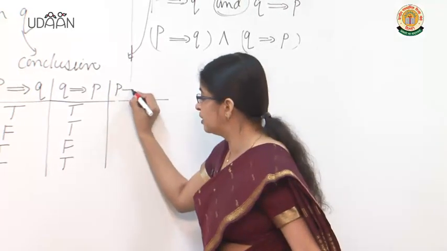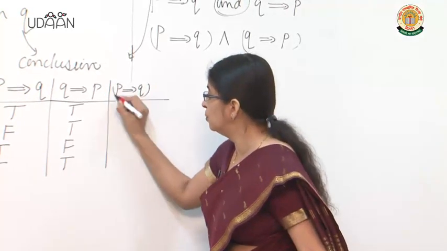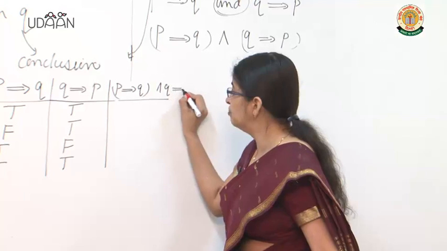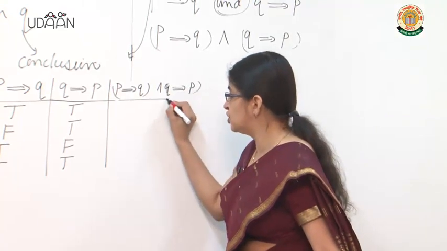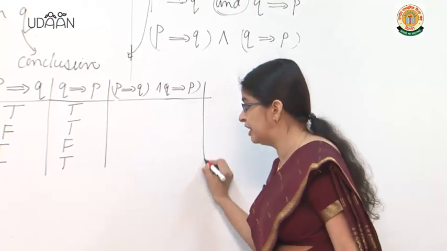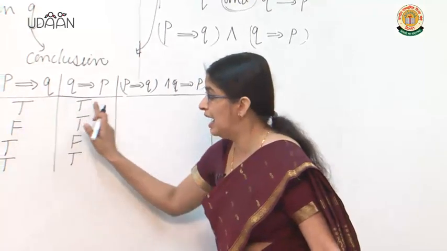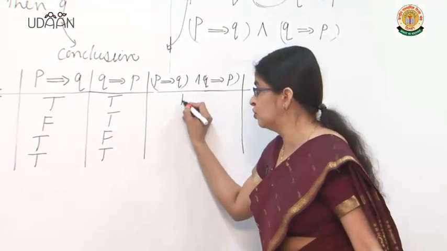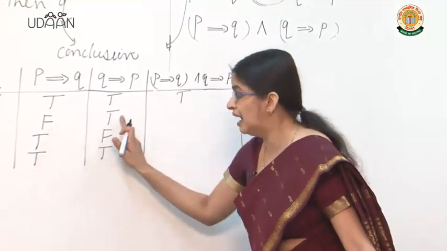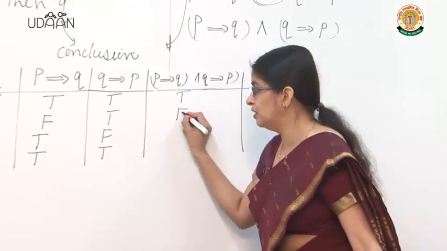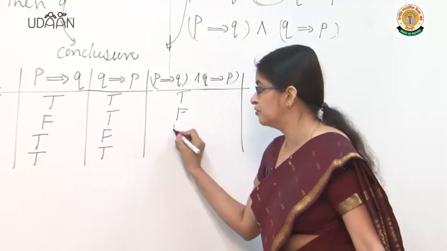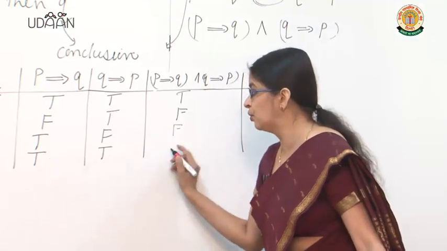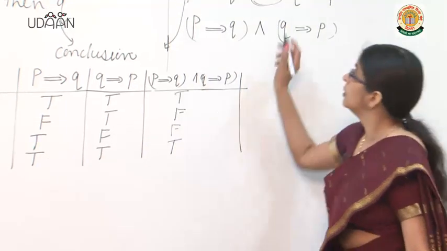Let us make another column, P implies Q and Q implies P, which is the biconditional statement. True and true, which is true; false and true, false; true and false, false; true and true, which is true.